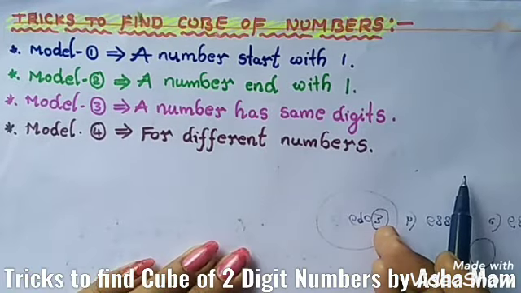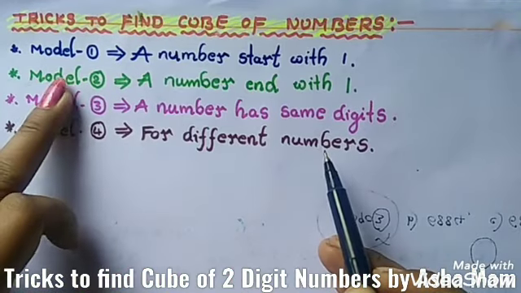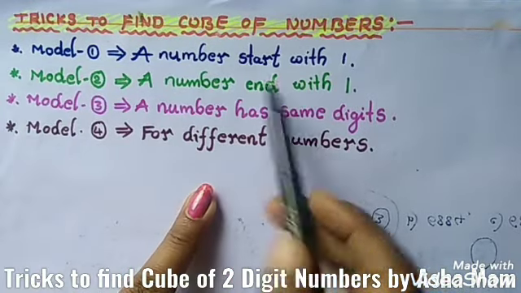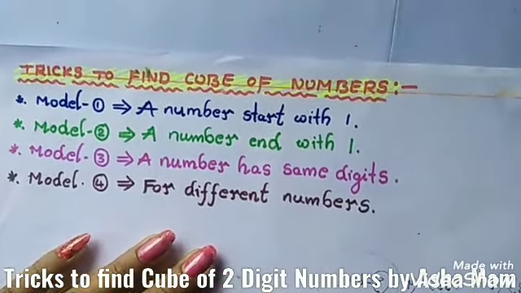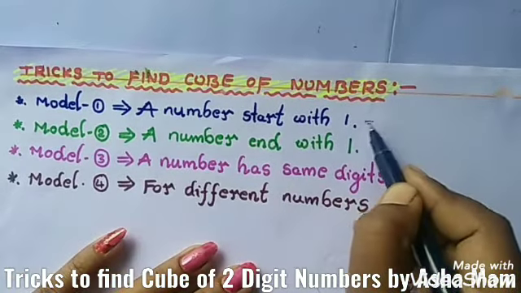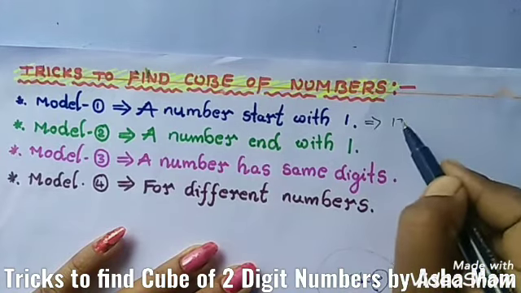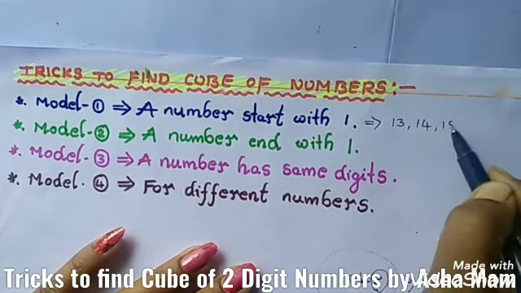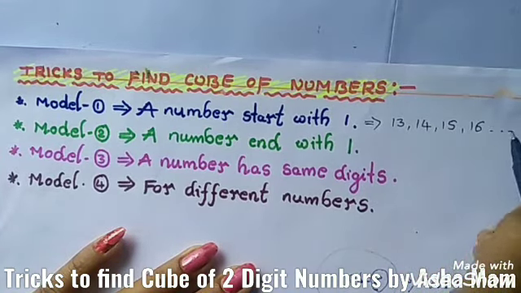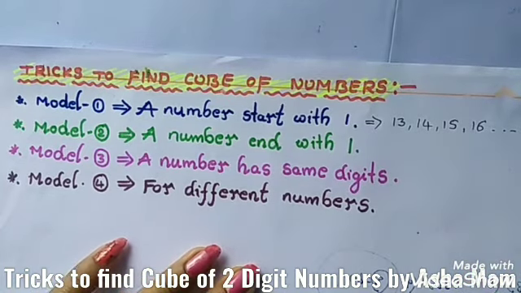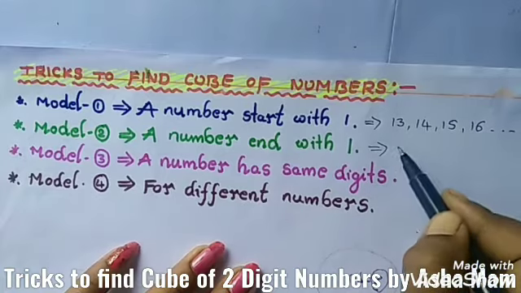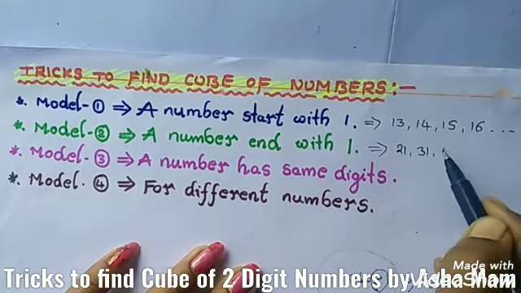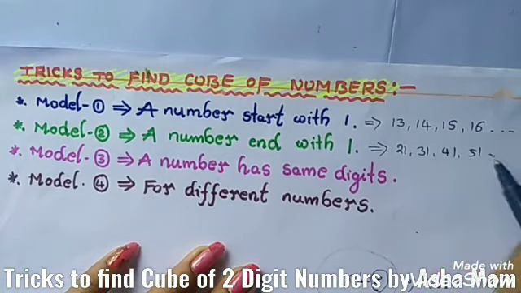I'll explain those also. In model 1, a number starting with 1, for example 13, 14, 15, 16, like that. In model 2, a number ending with 1, you know very well, 21, 31, 41, 51 and so on.